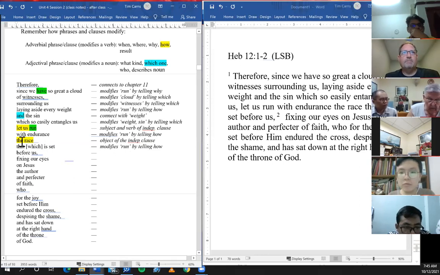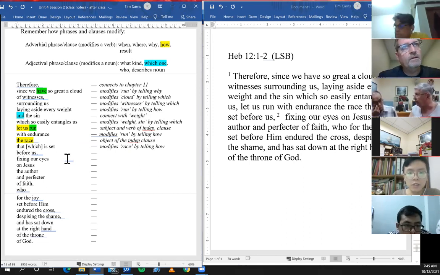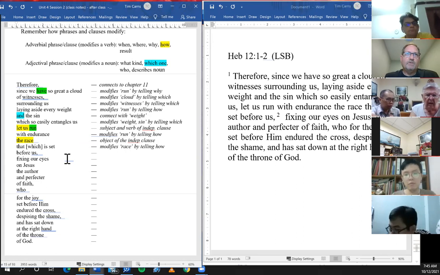So I think it's actually modifying race in this case. Again, often the first thing I always do is just say, okay, I assume it's modifying the word right before it.